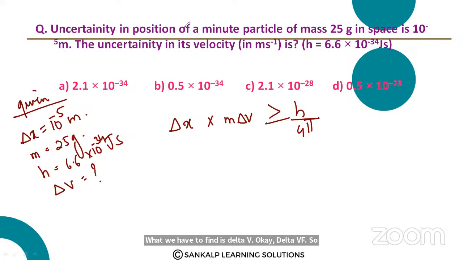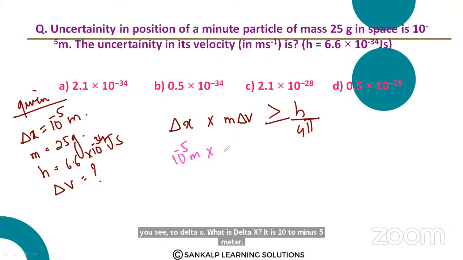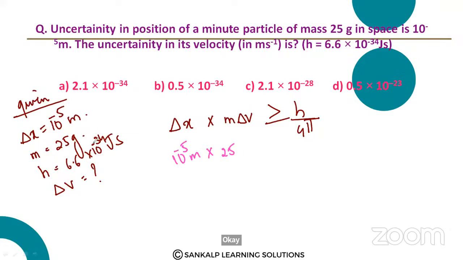So what all the given things are there, I'll just substitute them. How do I substitute now? Just see. What is delta x? It is 10 raised to minus 5 meter, into mass. Mass is 25 grams.